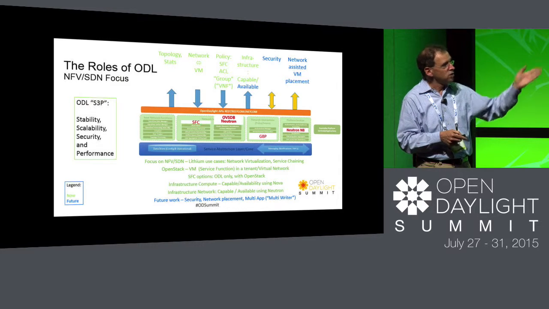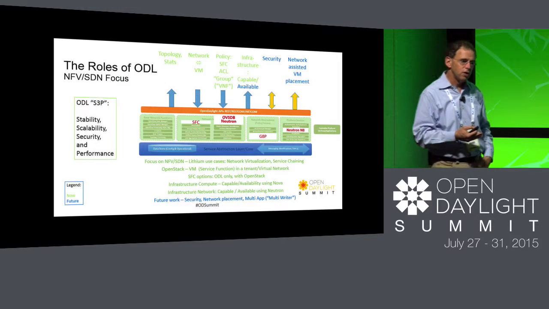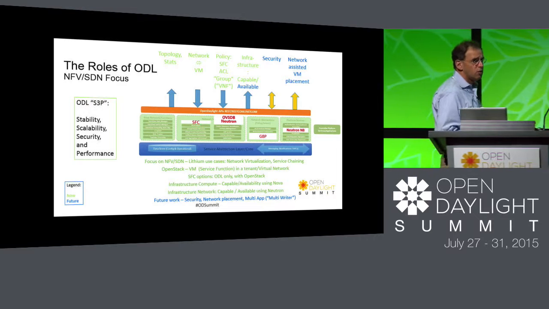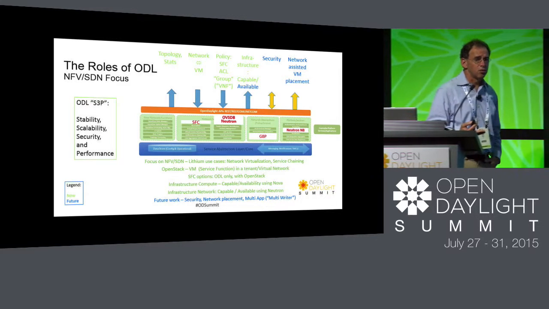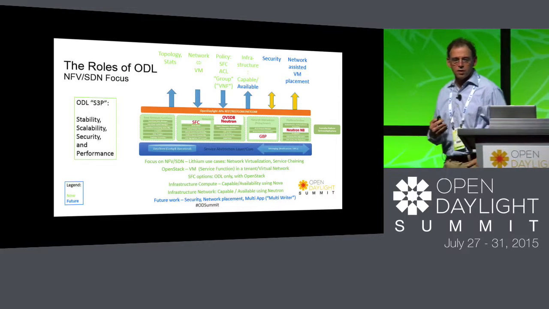But I also need to know what is available, not only for compute, but also for network. If I'm trying to place a firewall that I expect to get 5 gig of performance out of, and I'm connecting that on a 1 gig NIC, it's not going to work that well.